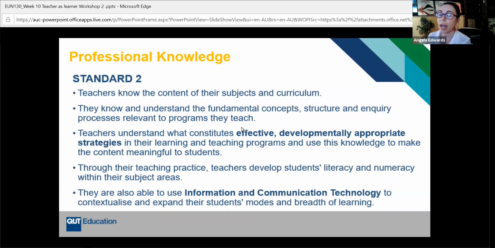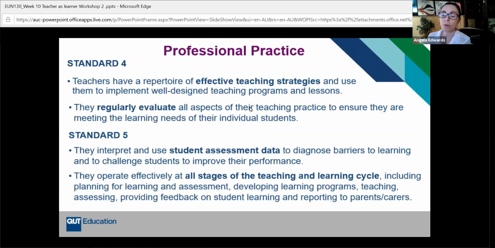So have a look at point 5, and I'd like you to actually jot down in your journal some links to a belief or commitment that you could personally bring to your teaching in this standard. So teachers have a repertoire of effective teaching strategies and use them to implement well-designed teaching programs and lessons.